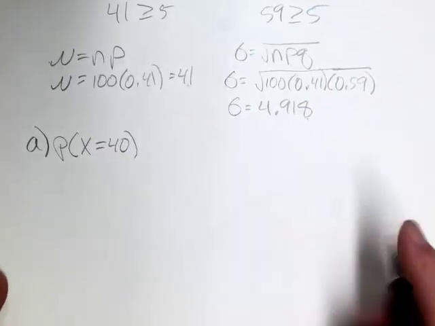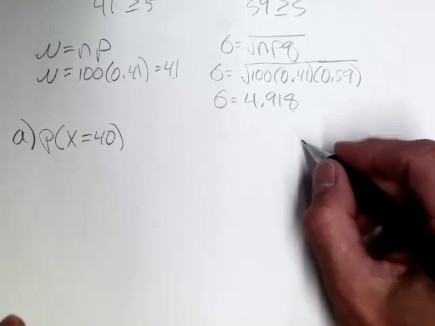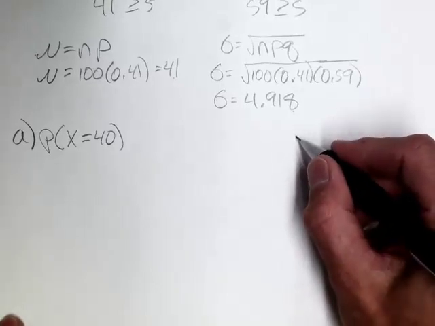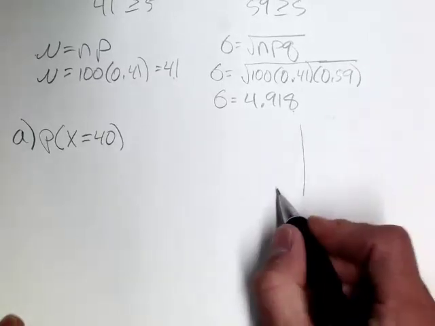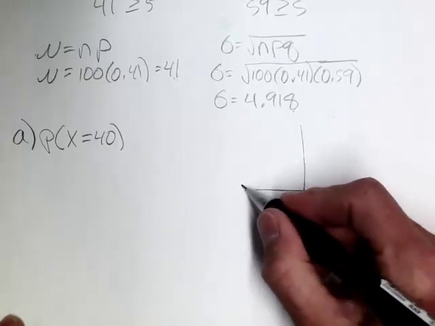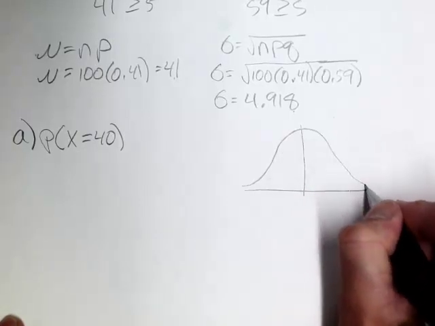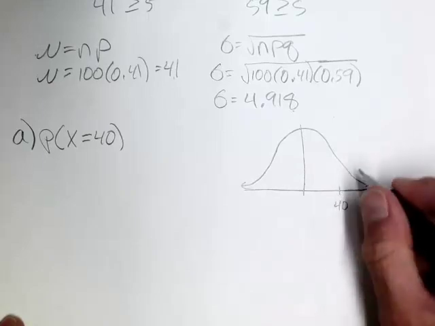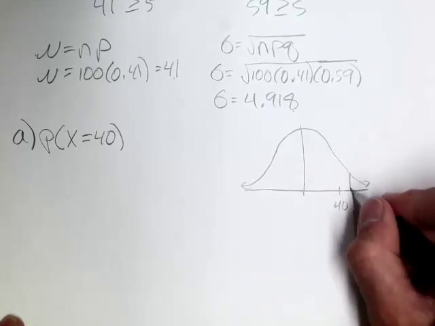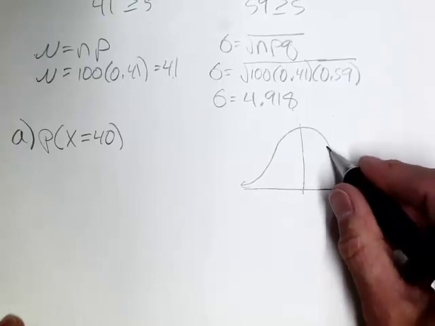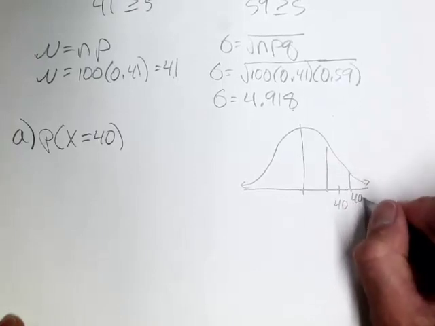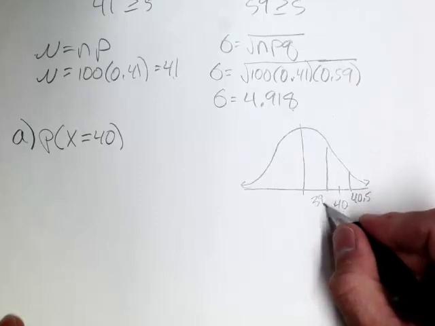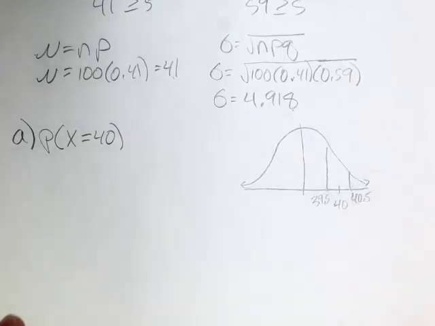Now remember, and I went over this in my last video, I'll do a little mini sketch off to the side. We have a bell-shaped distribution, and let's say 40 is up here. Remember, the number 40 in the continuous case is expressed as 39.5 up to 40.5.